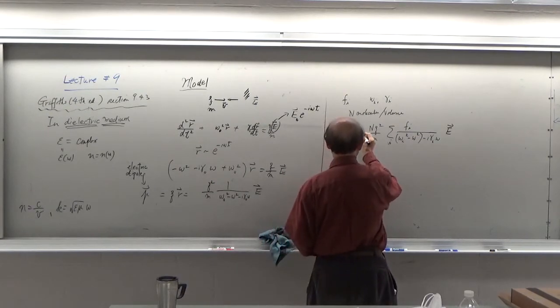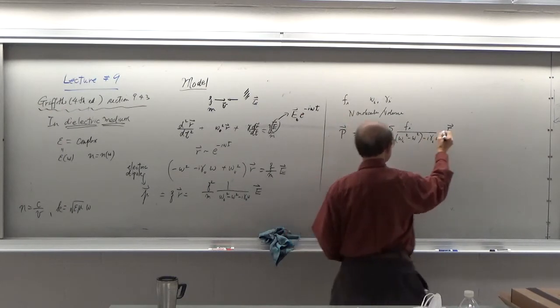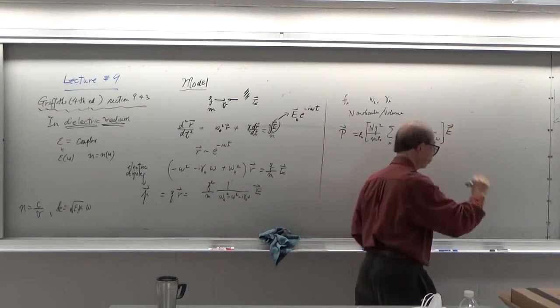Let me multiply this by epsilon naught, and at the same time divide it by epsilon naught, and put a bracket around this.